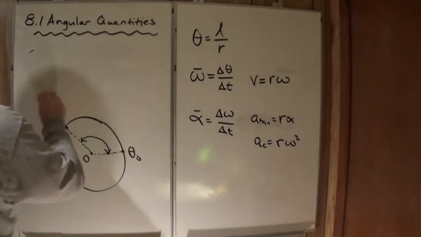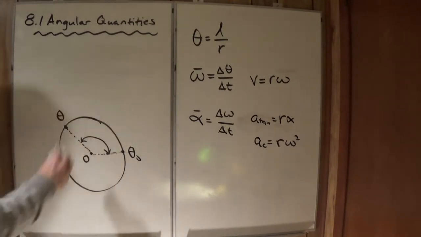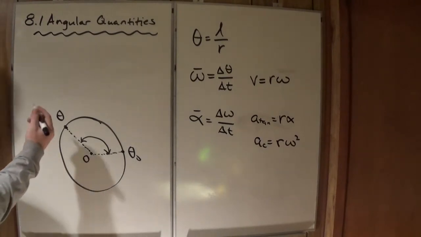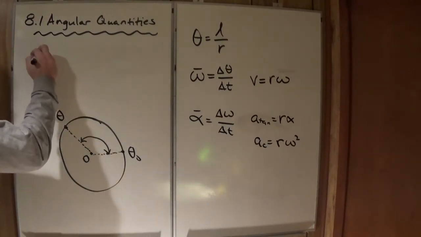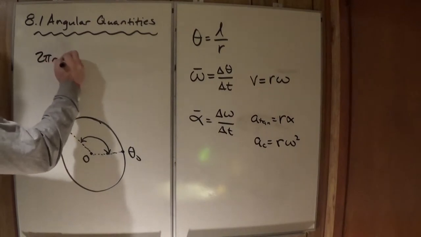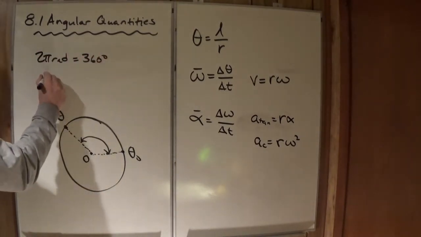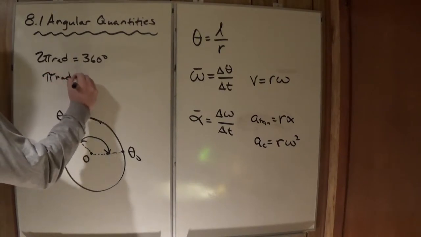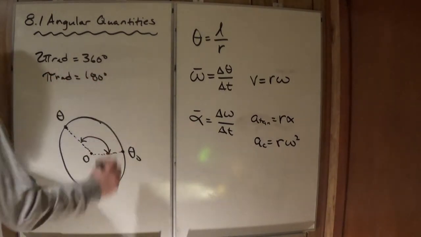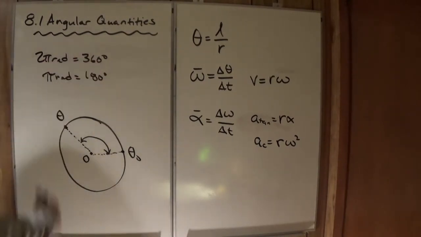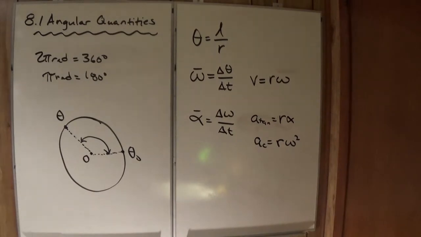So first we need to be good at translating degrees of rotation into radians and back and forth. So we just have our conversion that 2 pi radians is equal to 360 degrees, or we could simply say pi radians is equal to 180 degrees. So anytime we have a measurement in degrees, we can quickly calculate it in radians.